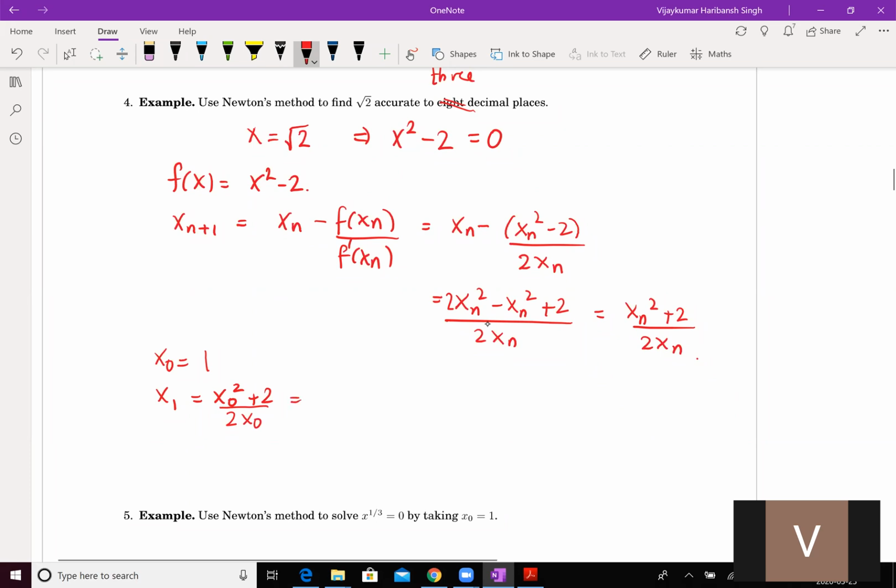Let's substitute, we get (1 plus 2) divided by 2, which is going to be 3 by 2, which is 1.5.